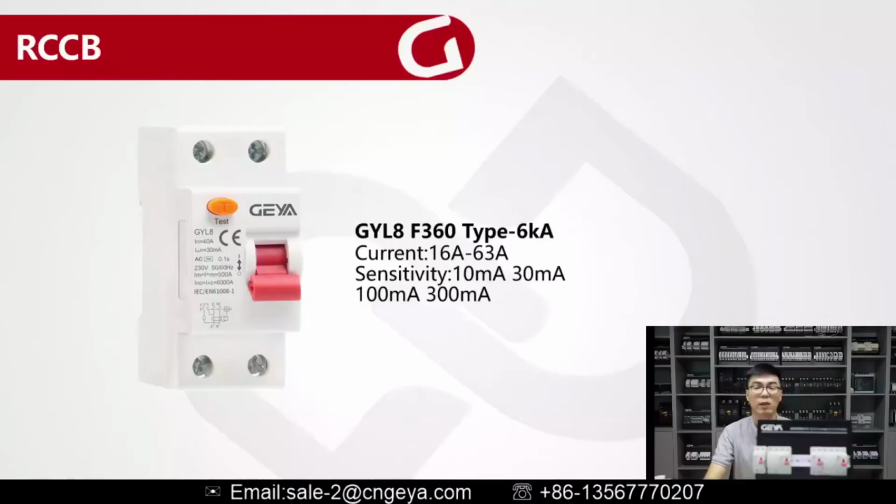We have double pole and 4 poles. GYL8, its structure type is F360 type, and its breaking capacity is 6 kiloamperes. And you can find the rated current range is from 16 amperes to 63 amperes.